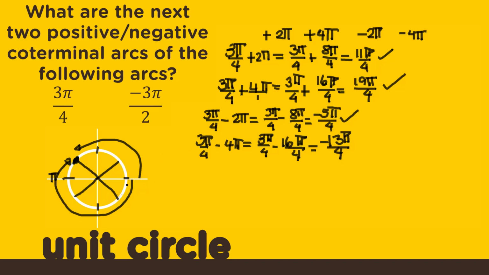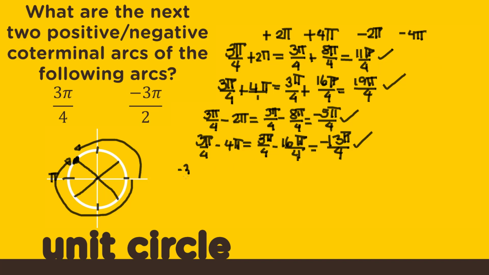So negative 1, 2, 3, 4, 5. That's the first. 6, 7, 8, 9, 10, 11, 12, 13 pi fourths. So we are done with the first item. We added 1 revolution, 2 revolutions, we subtracted 1 revolution, and 2 revolutions.